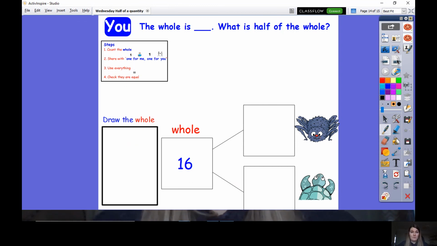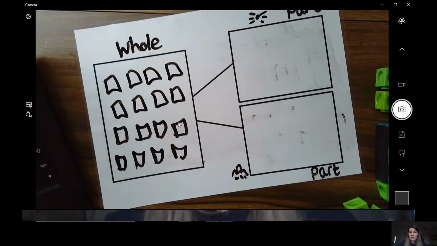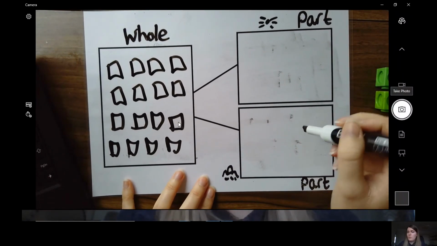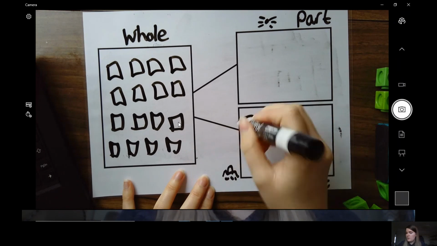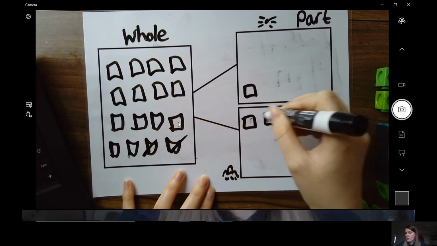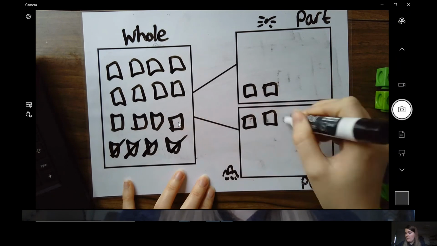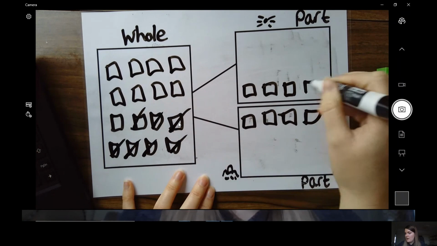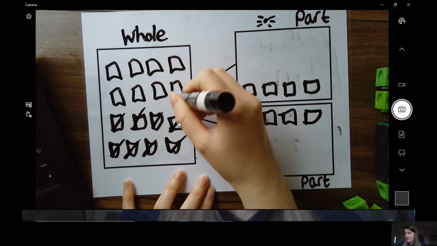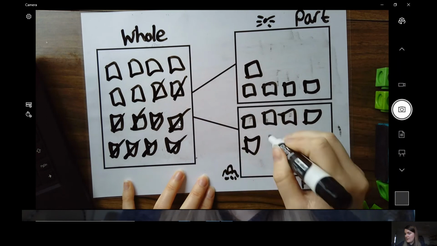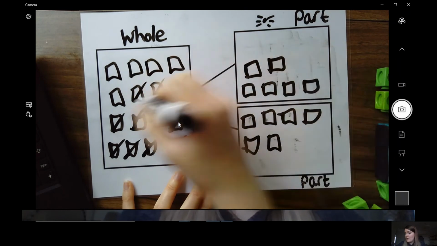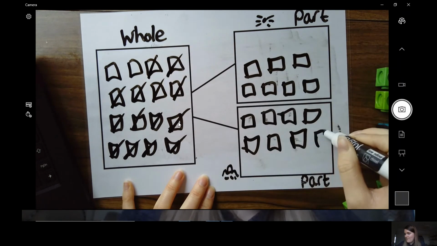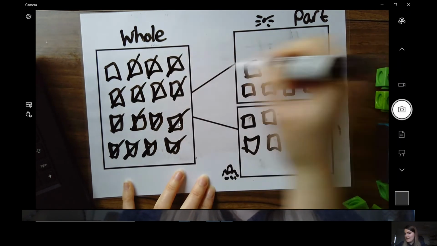Fantastic. Okay, I got partway through, so I might need your help. Right, the whole was 16. So how do we find our two parts? We divvy it out. Okay, help me. 1, 2, 3, 4, 5, 6, 7, 8, 9, 10, 11, 12, 13, 14, 15, 16.